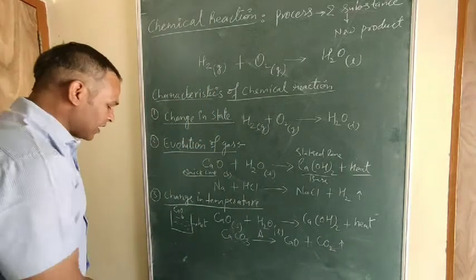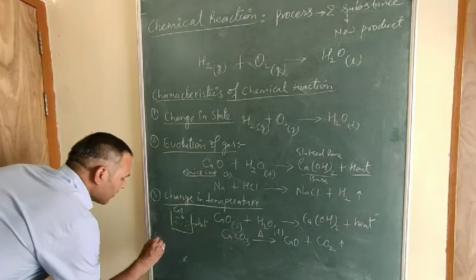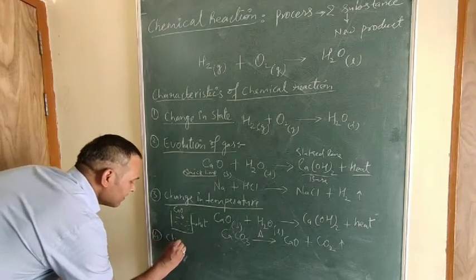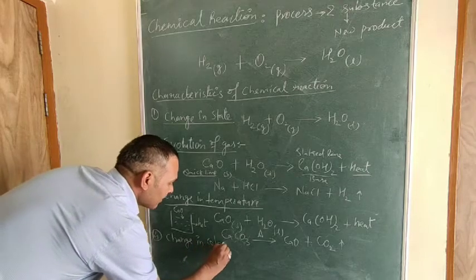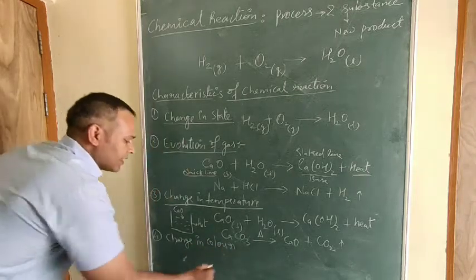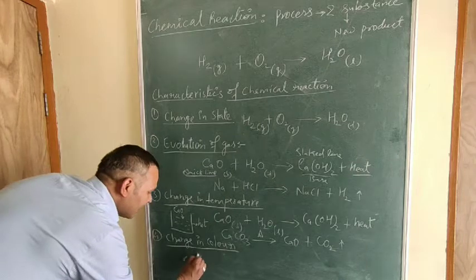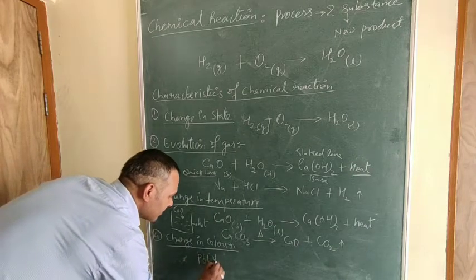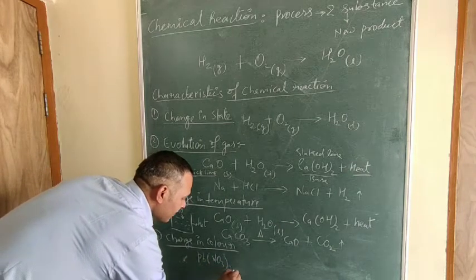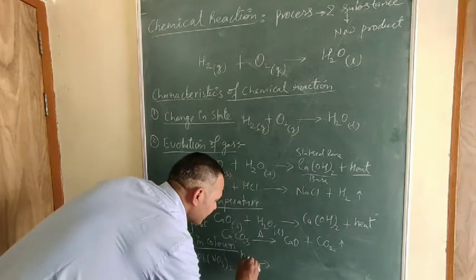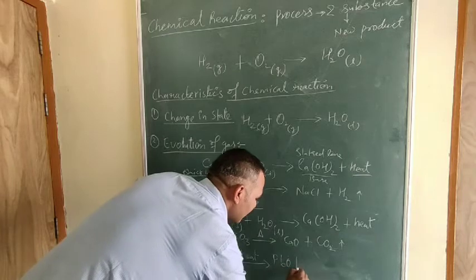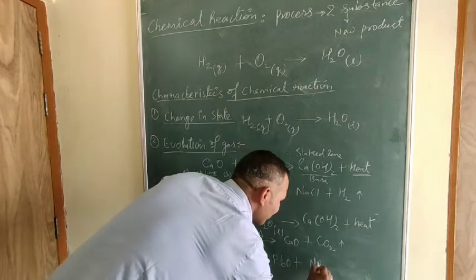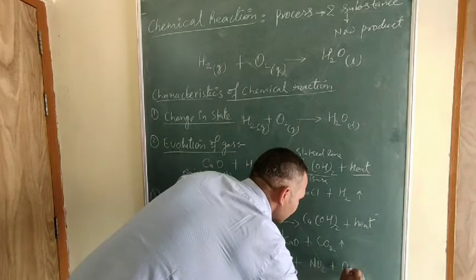Clear? The fourth one is change in color. Color also changes. We will see an example. When lead nitrate is heated, it gives lead oxide plus nitrogen dioxide plus oxygen gas.